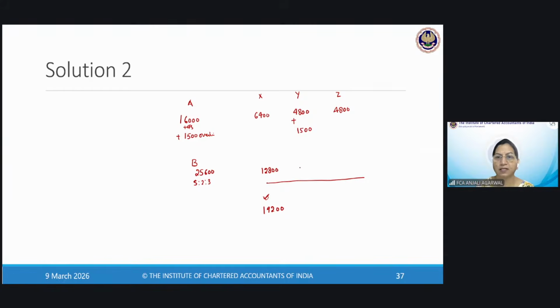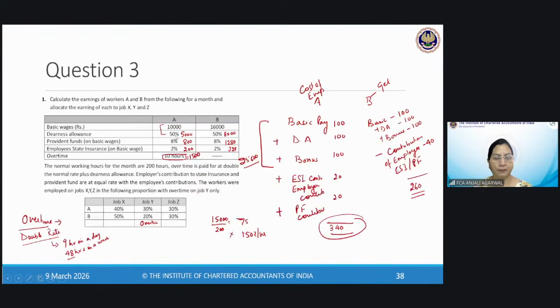Then 5,120 and 7,500. So this is the cost of job X, this is the cost of job Y and this is the cost of job Z. So this is how you will calculate or apportion the jobs in the three ratios. Okay.